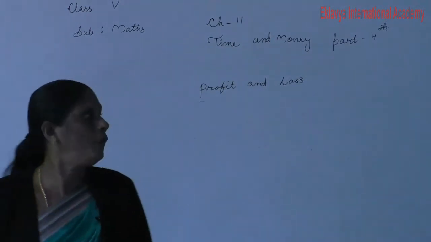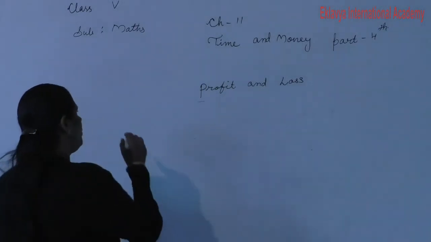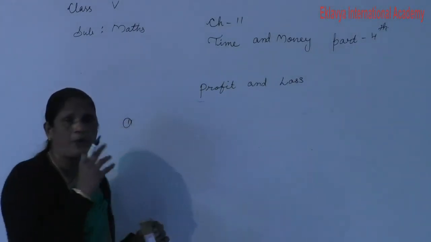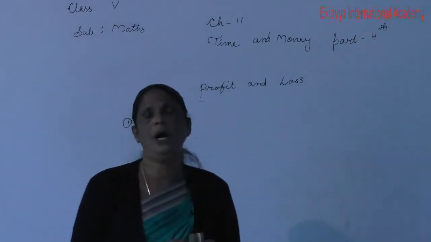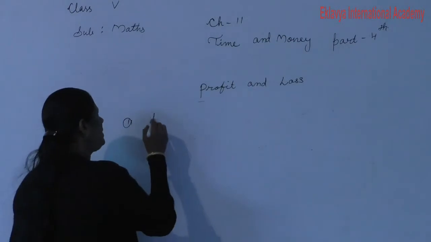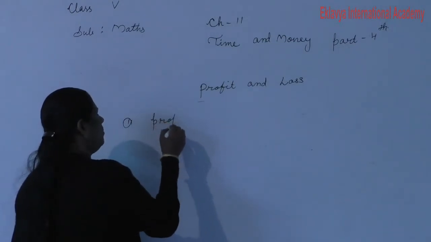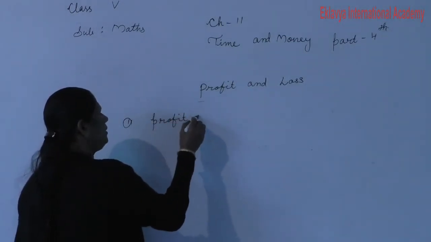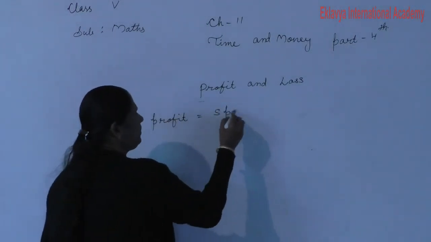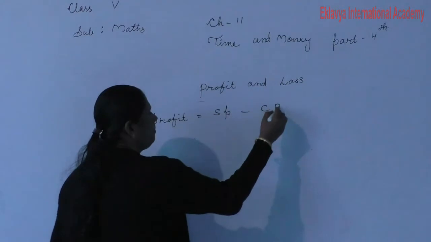There are formulas here. First formula: how to find the profit. Profit is equal to SP minus CP.